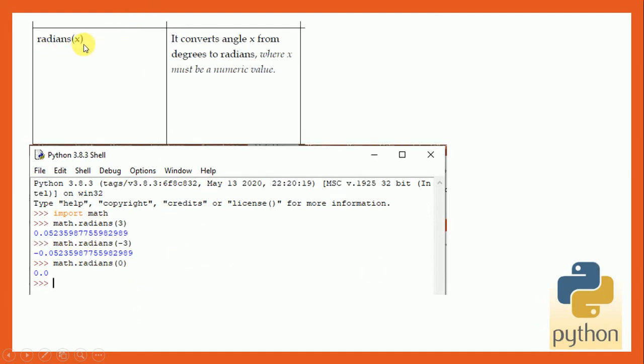Next one is radians of x. Here x will be in degrees, it will be converted into radians and returned. Here we are finding some radians of 3, minus 3 and 0.